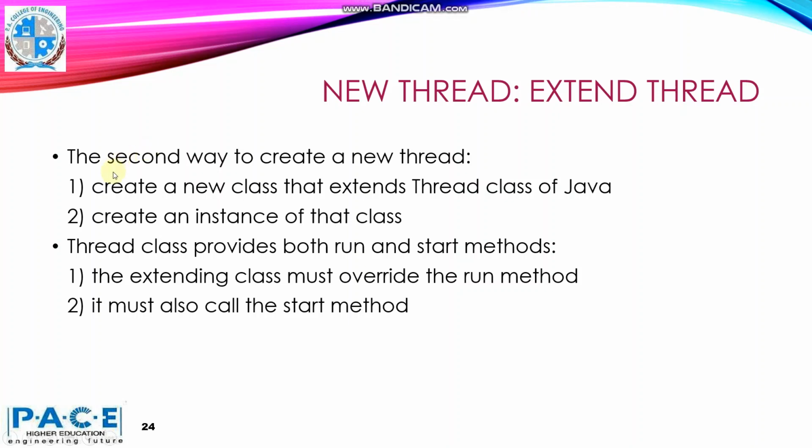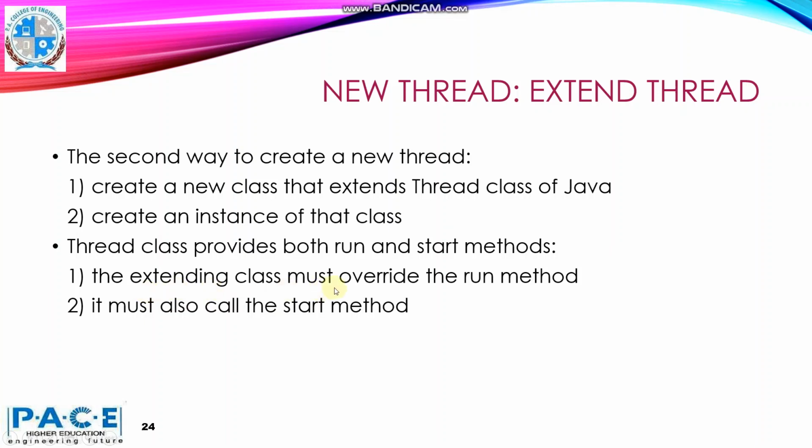In this second method, we create a new class that extends the Thread class of Java. After creating the class, we create an instance of this class. Java's Thread class provides both the run and the start methods.